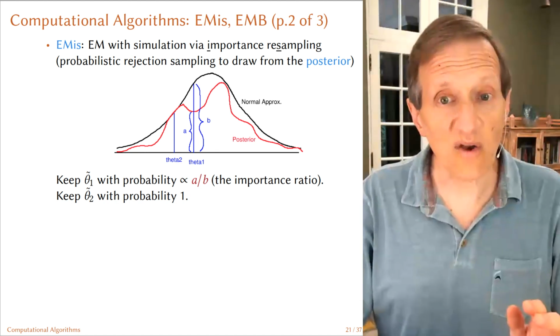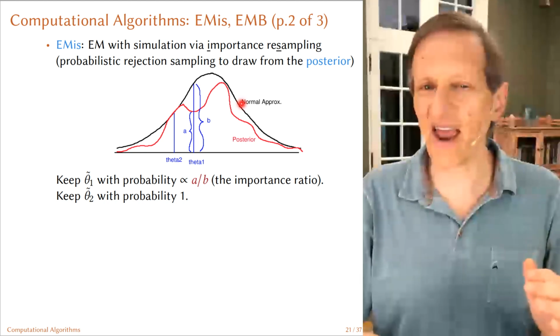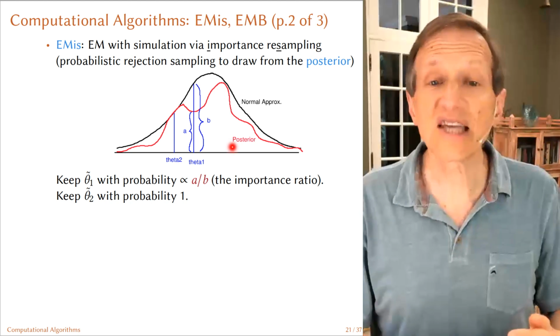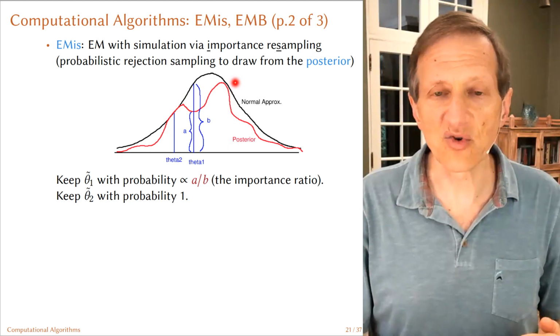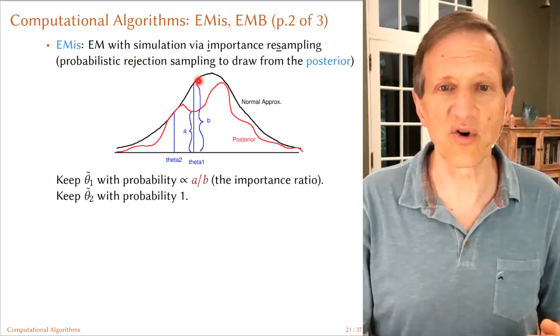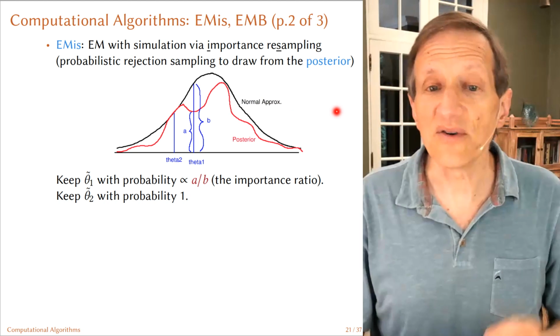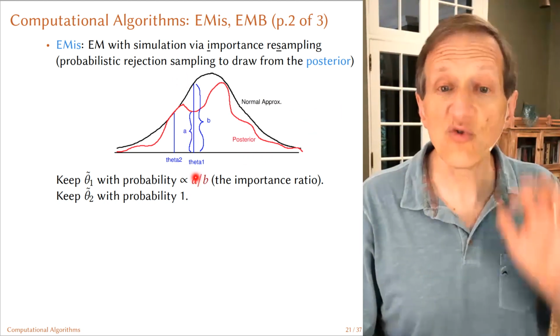So what we're going to do is take a normal distribution and scale it up. Remember, the area under the curve of a proper distribution has to be 1. So I'm going to scale the normal up just so this distribution is encompassed by the normal, so it fits underneath the normal. That's the first step: I'm going to approximate it with the normal. Next, I have an illustration here with 2 values of theta.